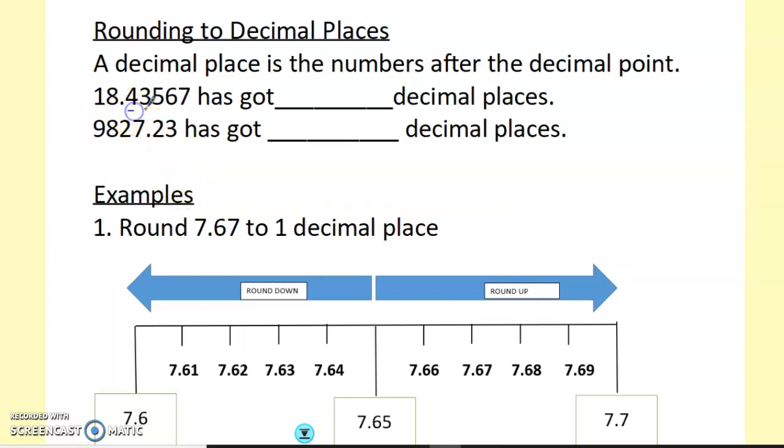It has 1, 2, 3, 4, 5 decimal places because it has 5 numbers after that decimal point. 9,827.23 has 2 decimal places because it has 2 numbers after the point. So if we're asked to round a number to 1 decimal place, we want a number with just 1 number after the point.